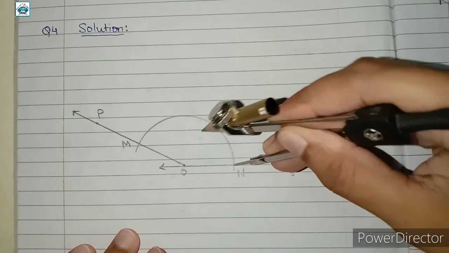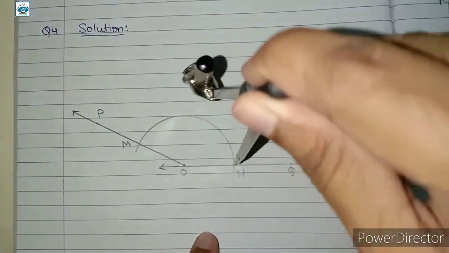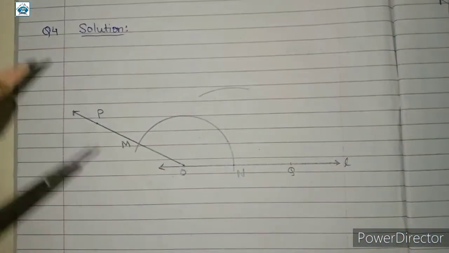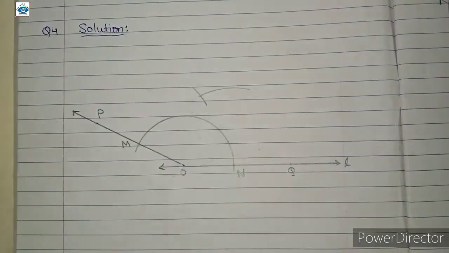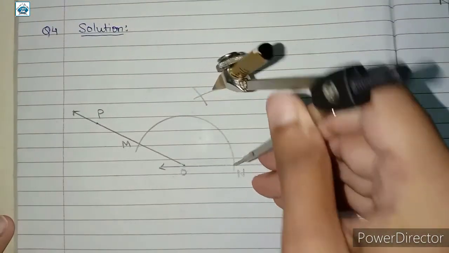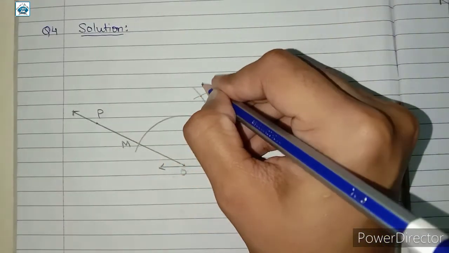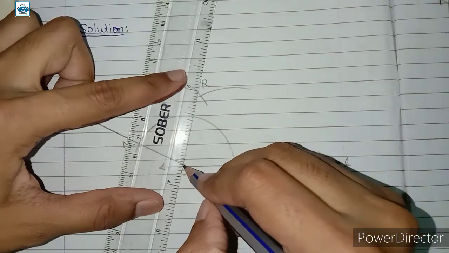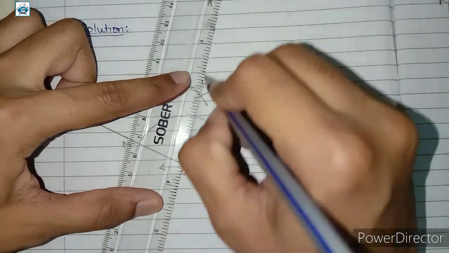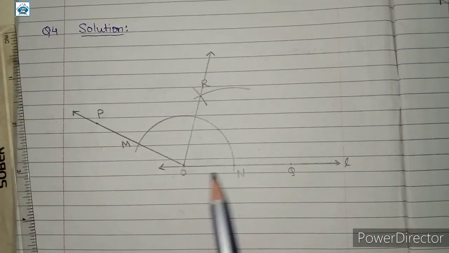Keep the pointer at point N, and with a distance more than half the length of MN as radius, draw an arc. With the center as point M, you need to draw another arc in order to intersect the previously drawn arc. So here we have the point of intersection. Let this point be point R. Now when we join OR, we have the bisector of angle POQ. यानी कि अभी हमने angle POQ को 2 equal parts में divide कर लिया है.